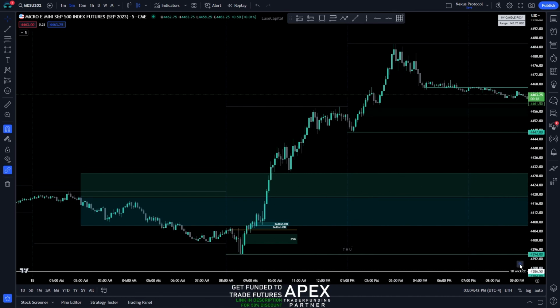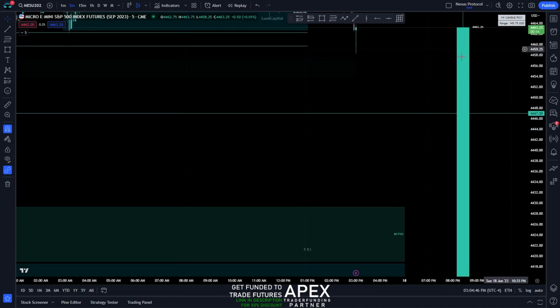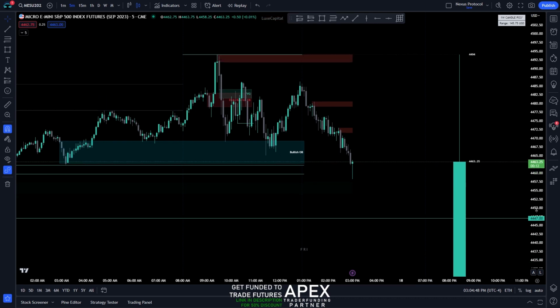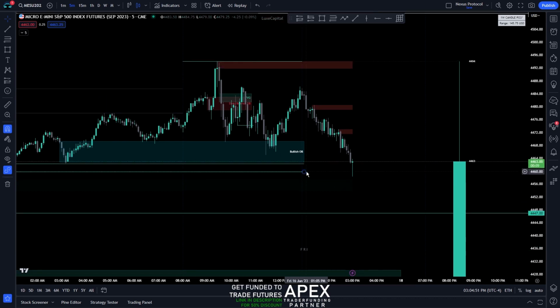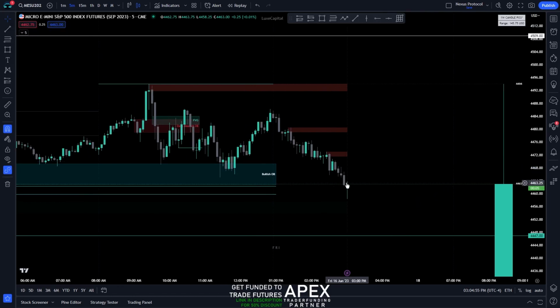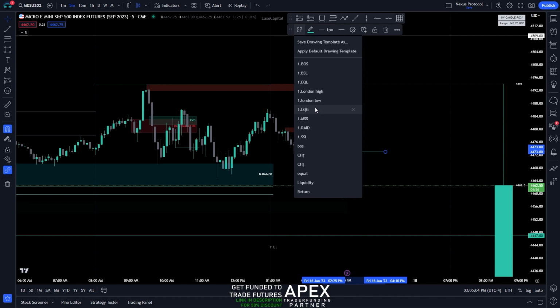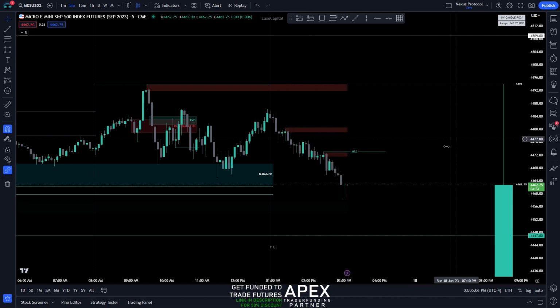I kind of want to see what happened after we just swept it. All right, cool. And we swept that, and are rejecting pretty hard. So if I were to continue looking for something, the nearest swing high right now is right here. Market structure shift. So I'm going to wait for that. It's already 3 o'clock.